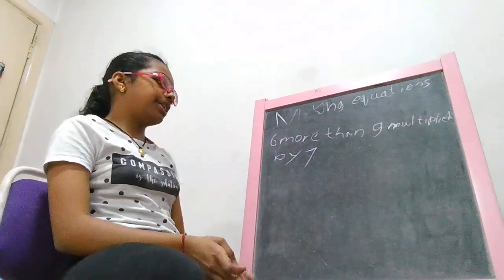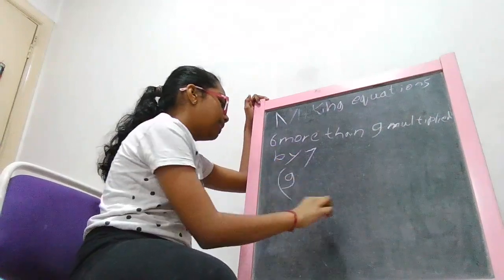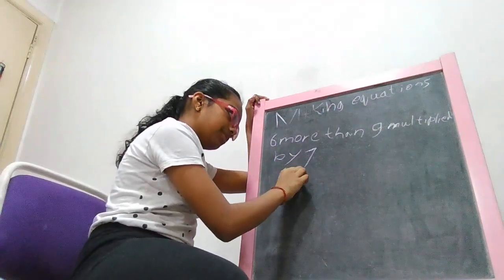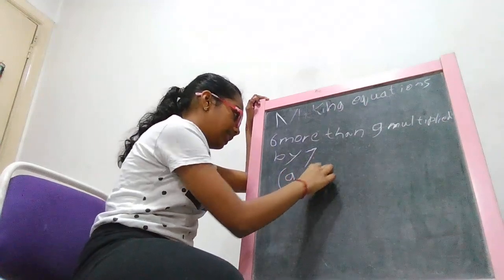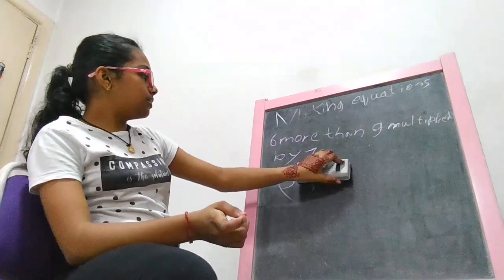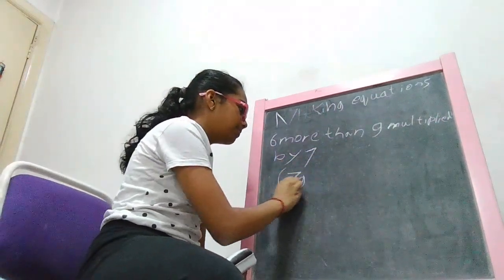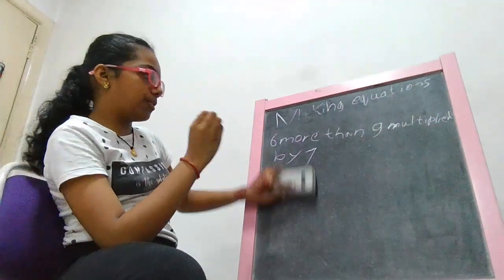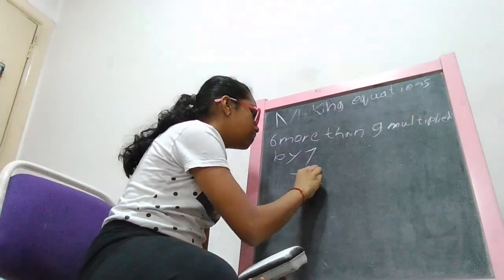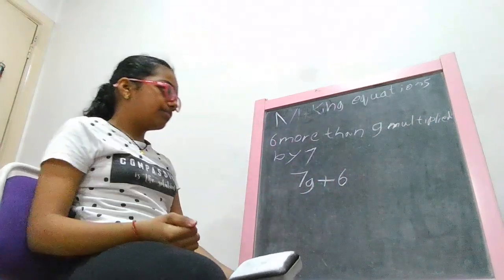Pause the video, answer it, and I'm going to answer this for you. G times 7. Will you write it as g times 7? No. You will write it as 7g. Right? So no need for brackets. 7g plus 6.